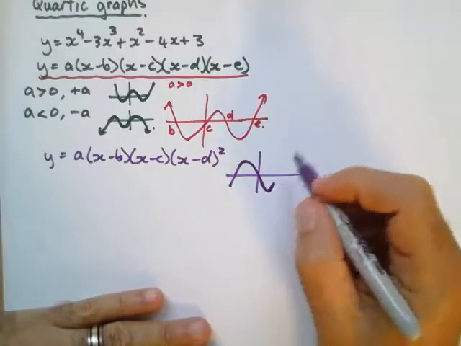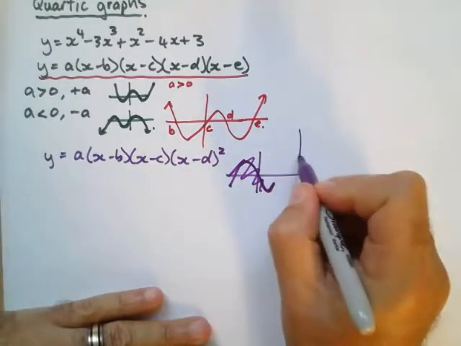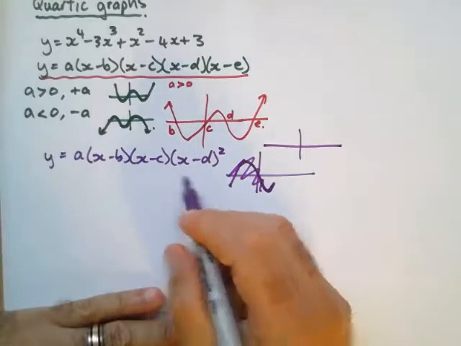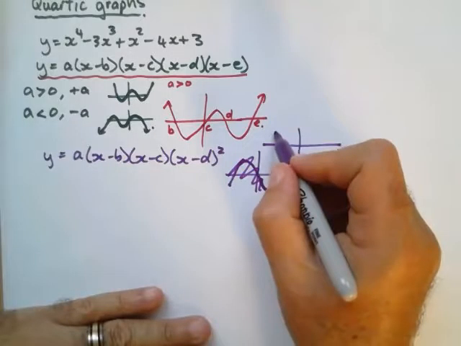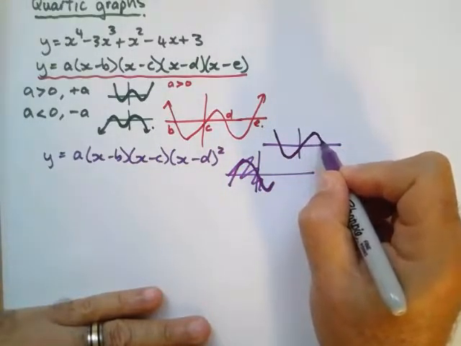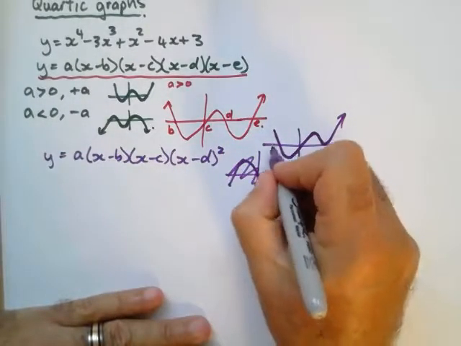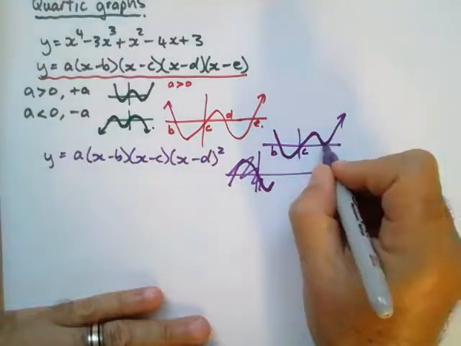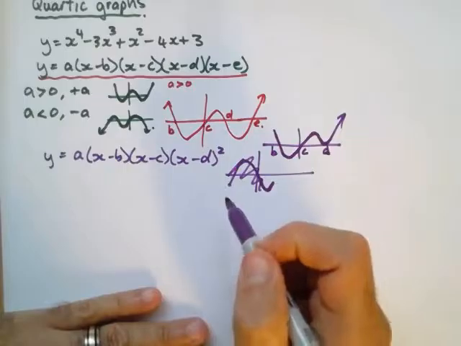Oh, that's one big fat lie. So we'll just do this. I will redo it. For this graph, if it's positive, I need to end up there, which means I have to start here. So it will come down, go over, turn on the graph, and go up. So this will be B, this will be C, and a turning point there will be D, because it's D squared.